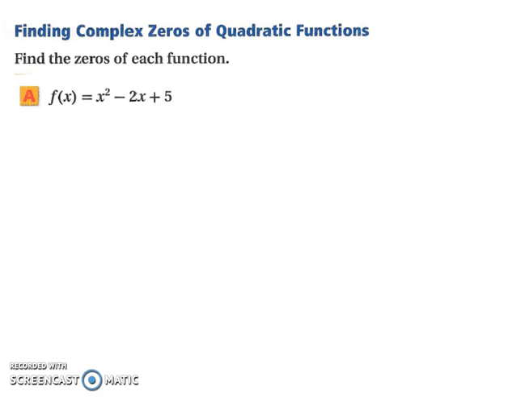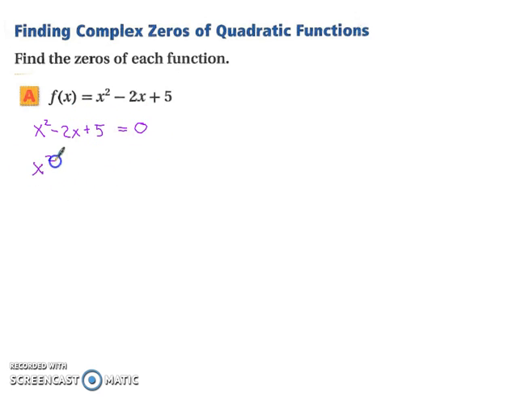This will follow for the CP and honors level students or advanced students, since this involves completing the square. So we have x squared minus 2x plus 5. We can rewrite this as x squared minus 2x plus 5 equals 0. And now we want to move this 5 over.